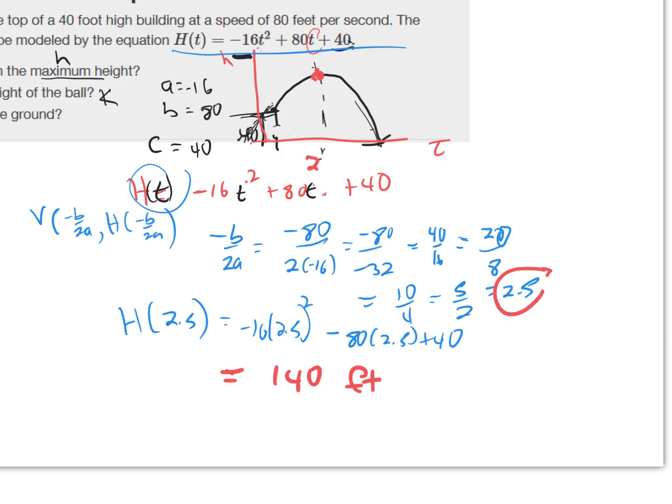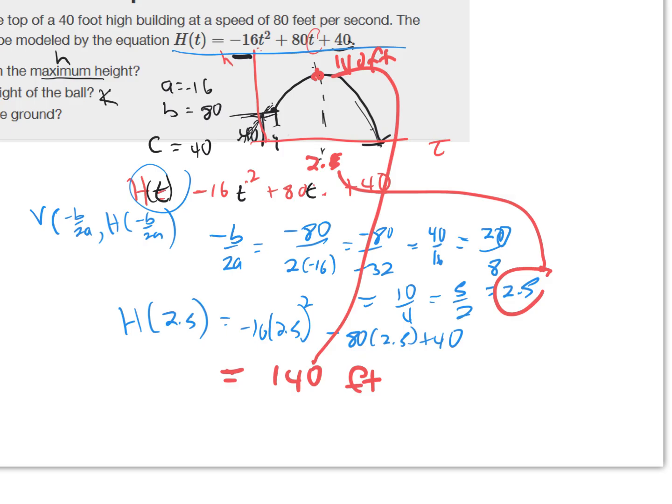That's down here. That means 2.5 seconds is how long it took to go halfway up from here. And then the height was 140 feet. So I have 2.5 seconds was here, and 140 feet is the height.